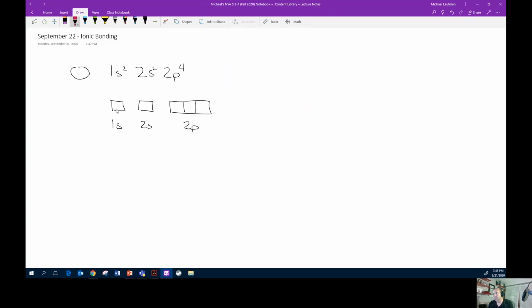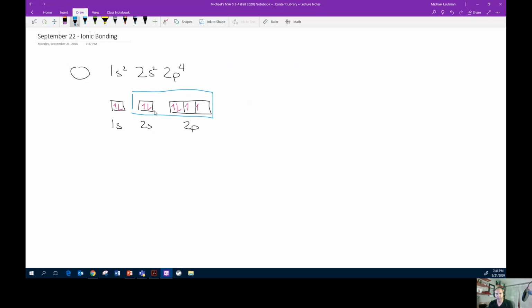This means we have 1s2, 2s2, and then we use Hund's rule to fill the 2p: 1, 2, 3, 4. And here we see in the valence, we're really, again, only concerned about these electrons here.